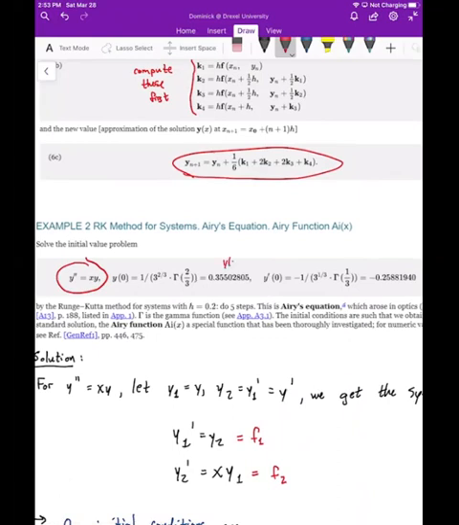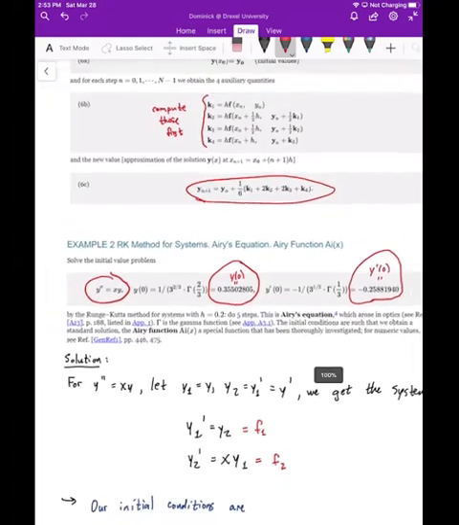Don't worry about the gamma stuff; we're just going to think of our initial y0 as this decimal number, and our y prime of 0 as this other decimal number. Don't worry about the cube roots of 3 and the gamma functions there. We're essentially just going to consider those decimal numbers as our initial conditions.